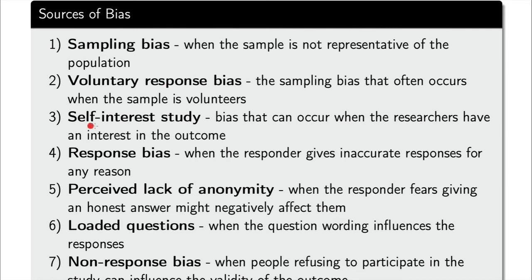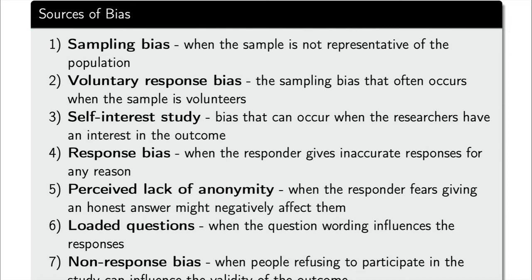Next is when we have a self-interest study. This is when the study is being performed by people that actually have a vested interest in the outcome of the study. So, for example, maybe I, as a teacher, am interested to know how my teaching technique influences individual learning.